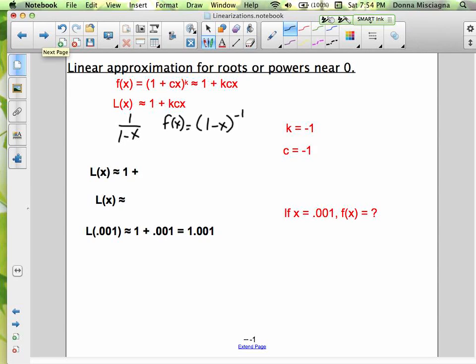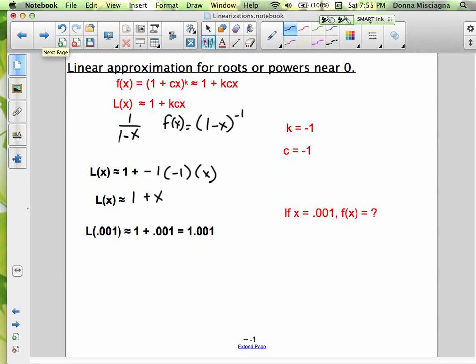So your k is negative 1. That's the exponent. Your c is the coefficient on x. It's negative 1. So this would be 1 plus k times c times x. So that's going to be 1 plus x.